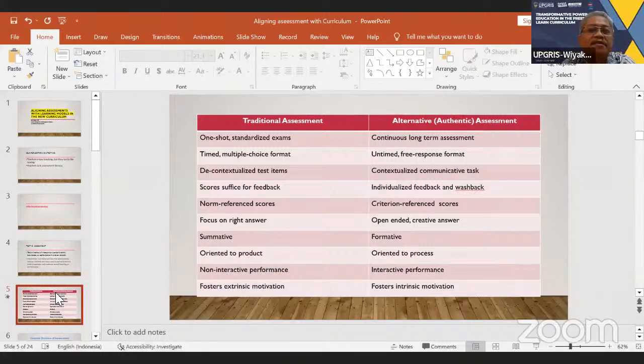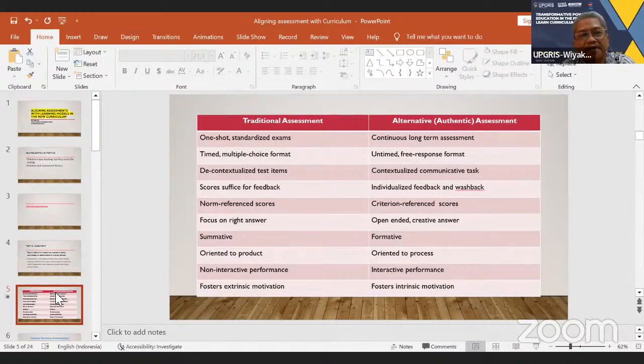They contextualize test items and contextualize communicative tasks. We can see this from the common test items we encounter in our practice.